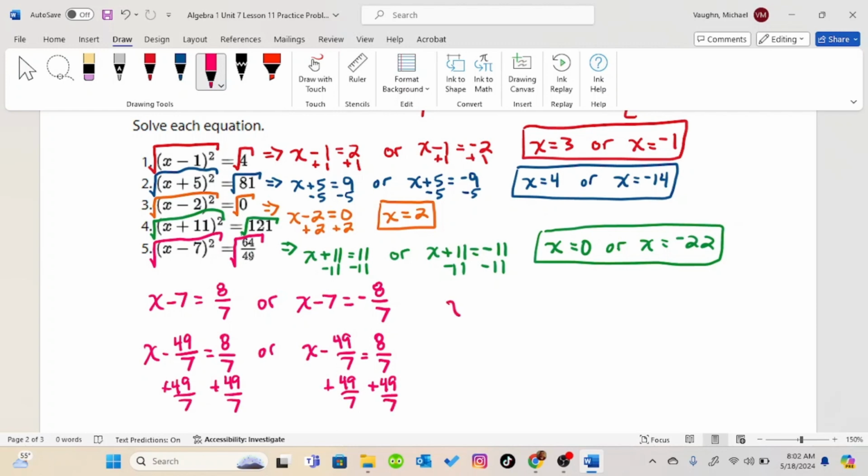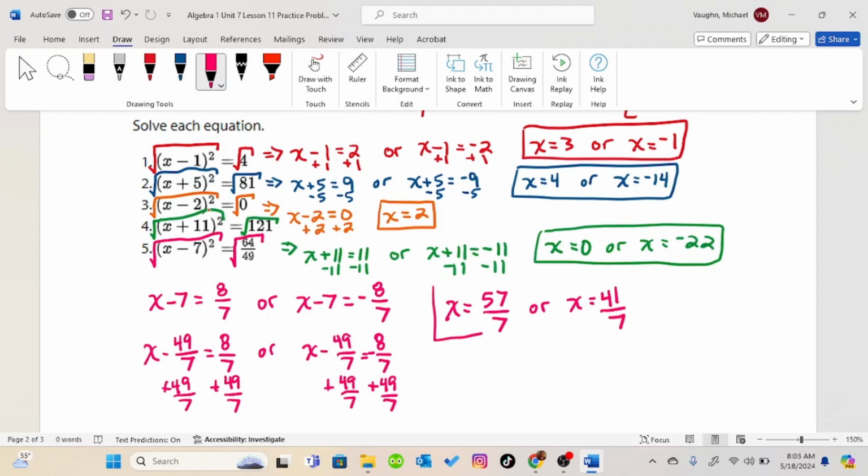So we find out that x is either 57 over 7 or x is 41 over 7.